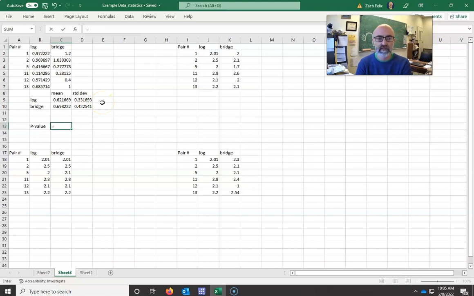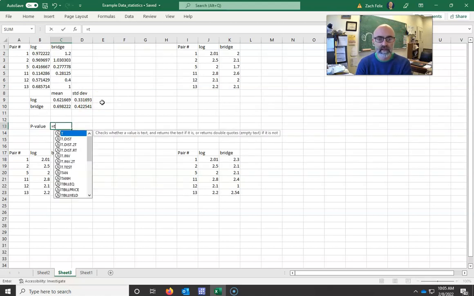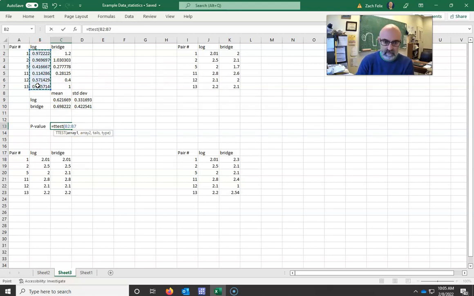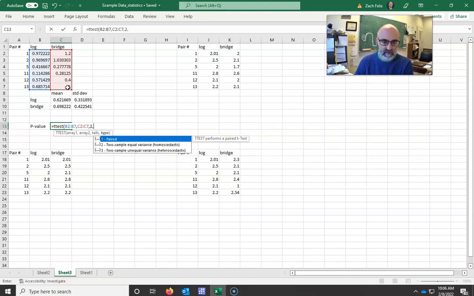We're going to do equals t-test, parentheses, okay? And now the computer's telling you what it is looking for after the parentheses: array 1, which is here, comma, array 2, which is here, comma, the number of tails, you can use 2 tails, comma, type, and we're going to do paired sample t-test.